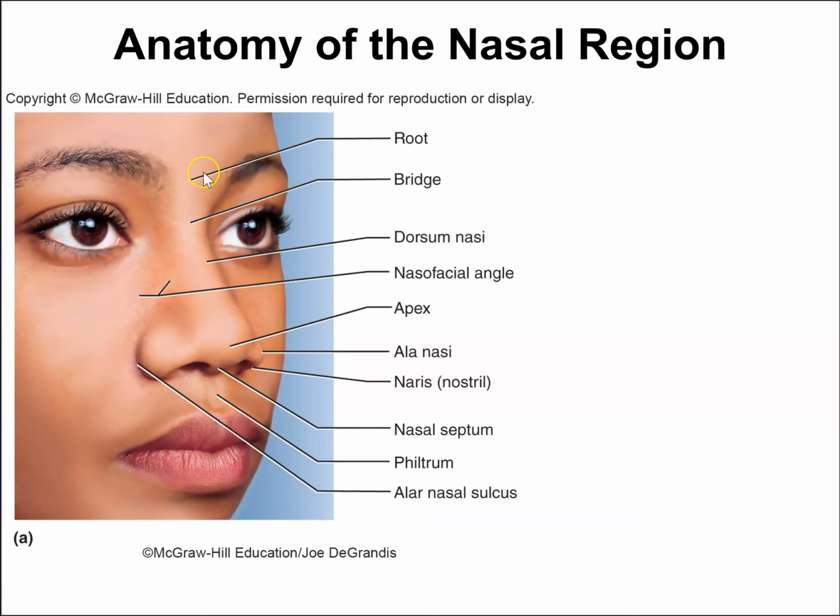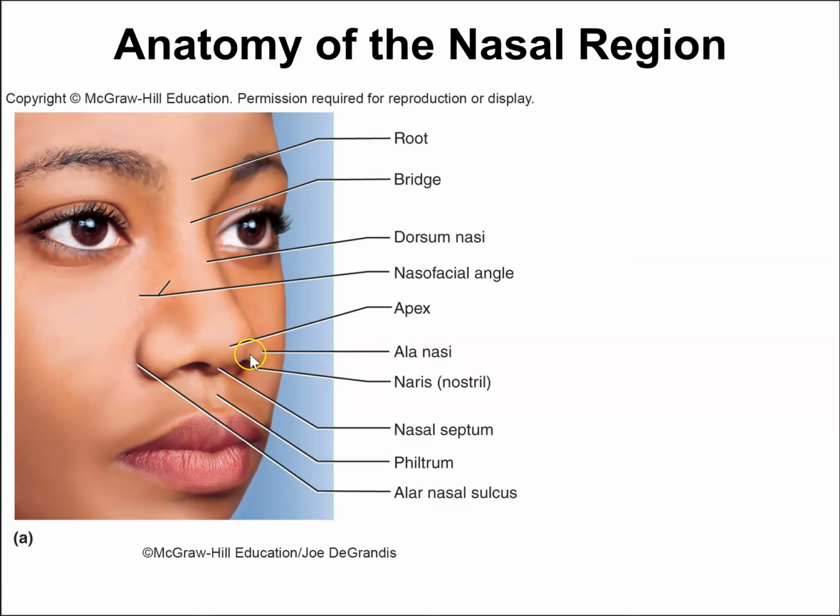So the root over here is the region between the eyebrows, and the bridge is the part of the nose that connects the root to the rest of the nose. Now, dorsum nasi is the length of the nose. So this whole region is the dorsum nasi, and the tip of the nose is called the apex.